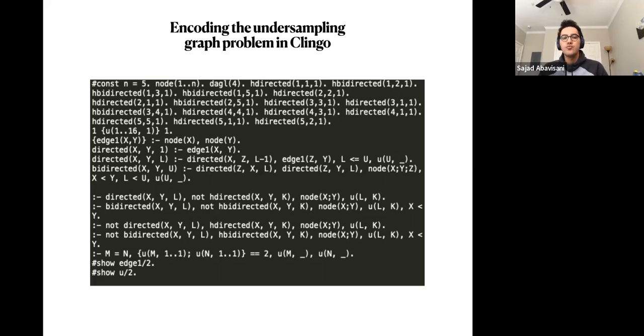Yeah, and also, Jerry mentioned we can use optimization for this. I didn't add this here, but consider that in this graph example, we have an undersampled graph where we are very certain that some of these edges exist, and we're not very certain that some of the others exist.